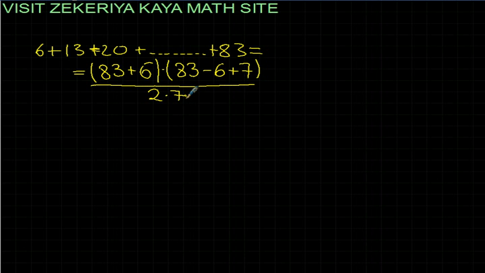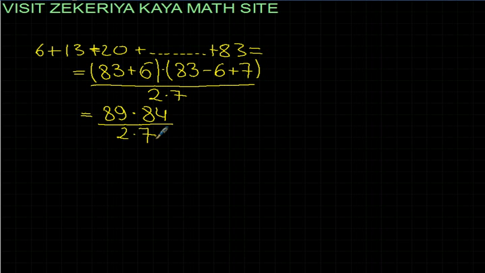Okay. 89 will be there. Oh, very hard number. 84 will be there, over 2 times 7. When you simplify, change the color please.